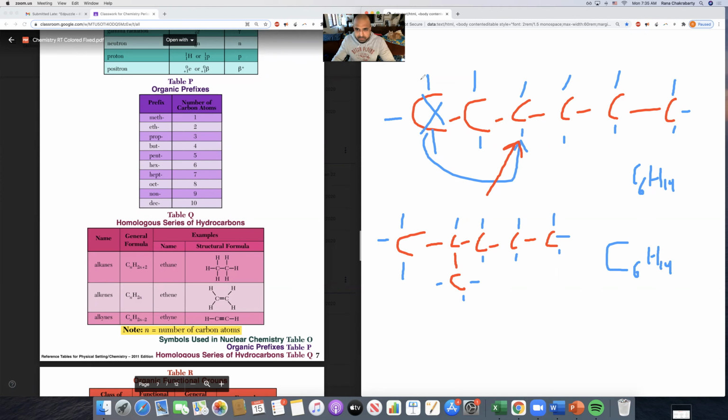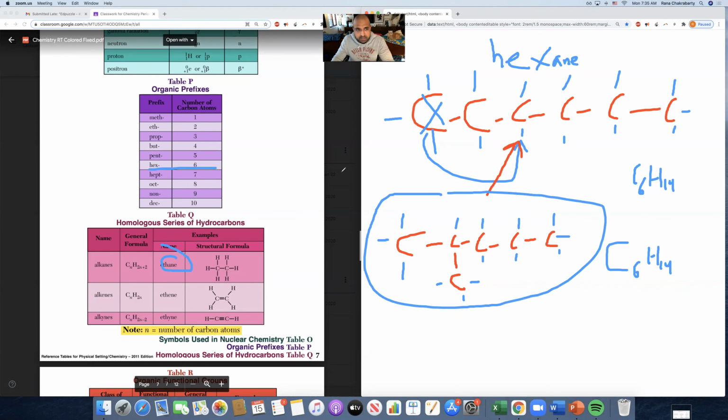This would be 6 carbons, so there's a hex, and if it's all saturated, it's A-N-E, so it's hexane, right? So it could be an isomer of hexane, it could be this. So now how do you name this? The second carbon on the left side has 1 carbon coming off of it, so it's 2.